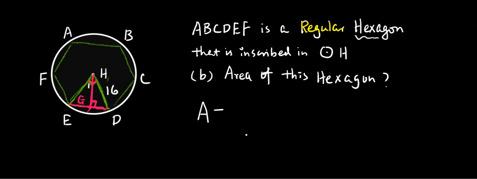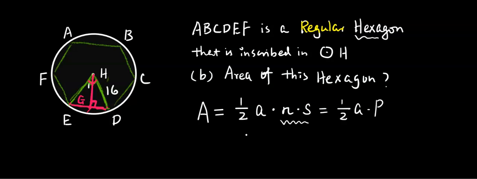Area of a regular polygon is 1/2 times the apothem, times n, how many sides we have, times s, the side length. You can also say it's 1/2 times a, the apothem, times P, because the number of sides times the side length is the perimeter.